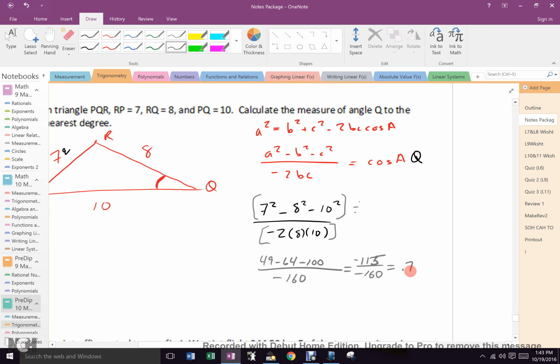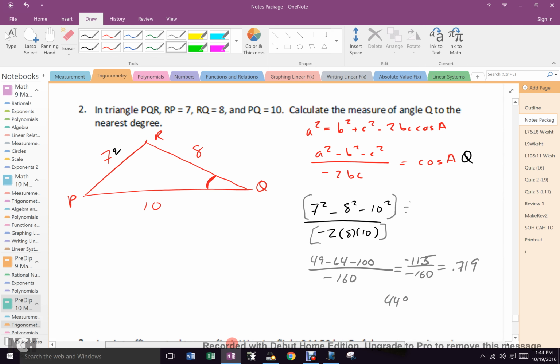That gets you 0.719. What do I need to do with that decimal once I have it? Shift what? Cos. Shift cos. And what do I get? 44. Was everybody able to get 44 degrees?